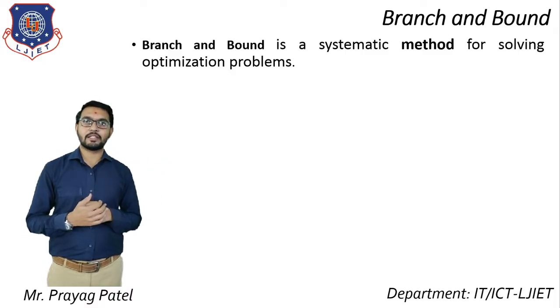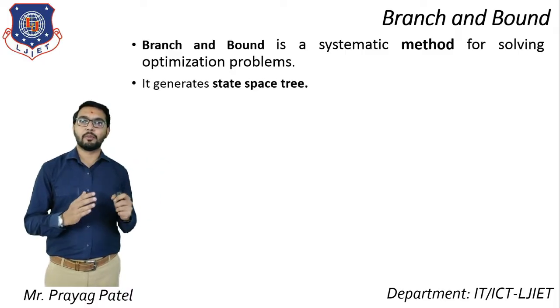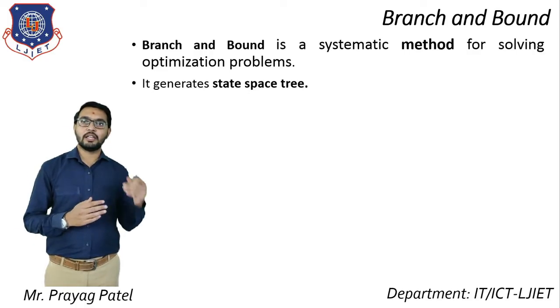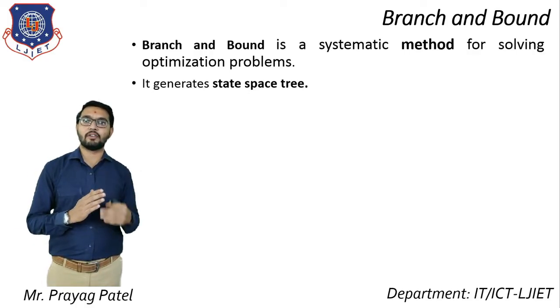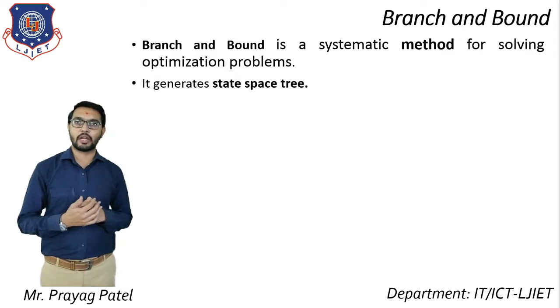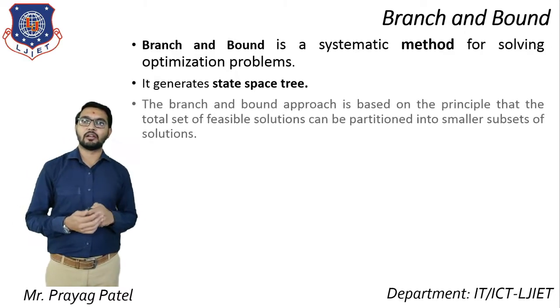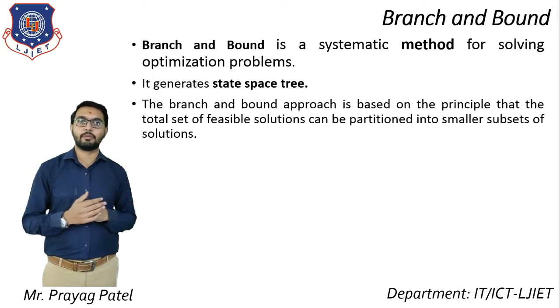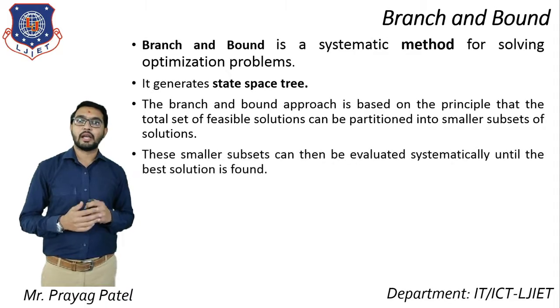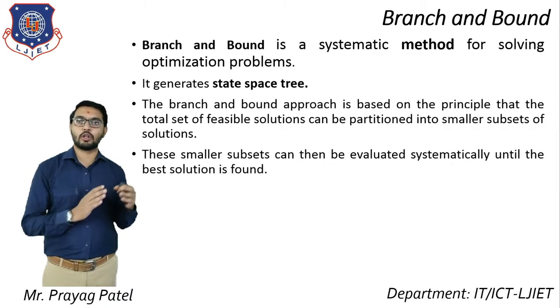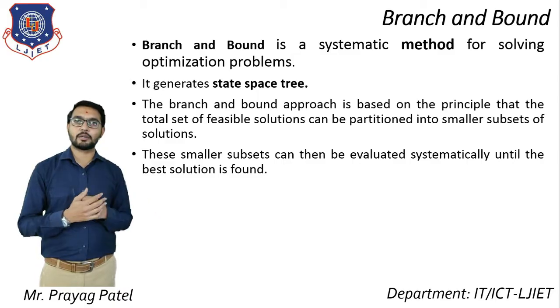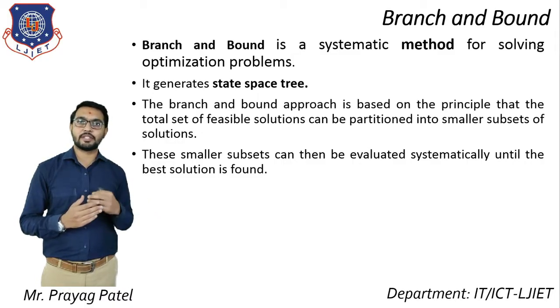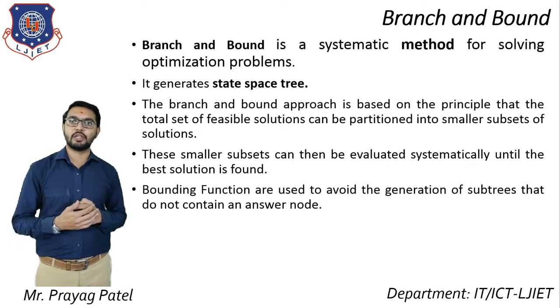So branch and bound is a systematic method for solving optimization problems. Here it generates a state space tree for the branch and bound technique, according to the backtracking method. The branch and bound approach is based on the principle that the total set of feasible solutions can be partitioned into smaller subsets of solutions, and then we solve the smaller subsets. This means the smaller subsets can then be evaluated systematically until the best solution is found.